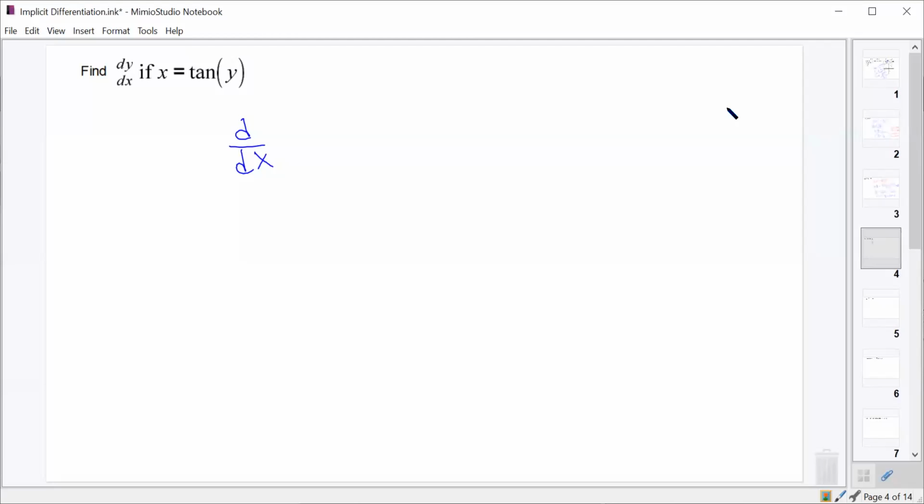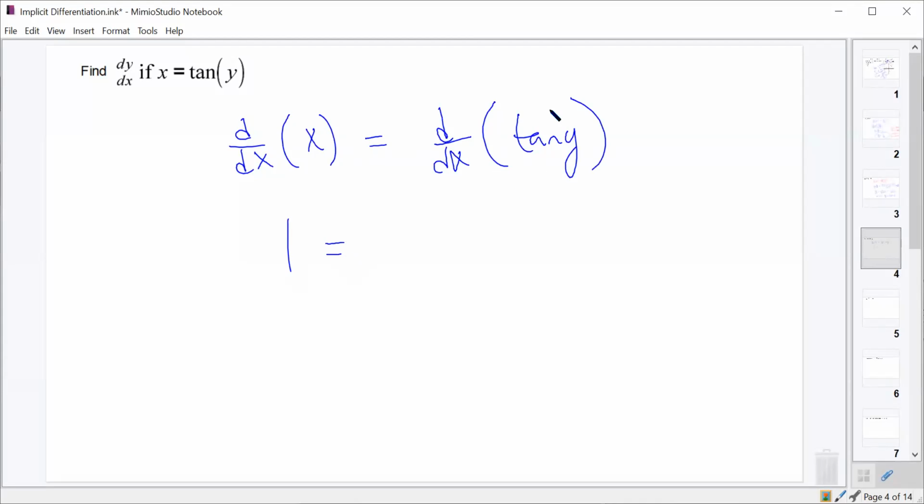Ready, go. And we'll take the derivative with respect to x of x. And we'll take the derivative with respect to x of tangent y. So the derivative with respect to x of x is just 1. And the derivative with respect to x of tangent y, well, what's the derivative with respect to y of that? It should be secant squared y.